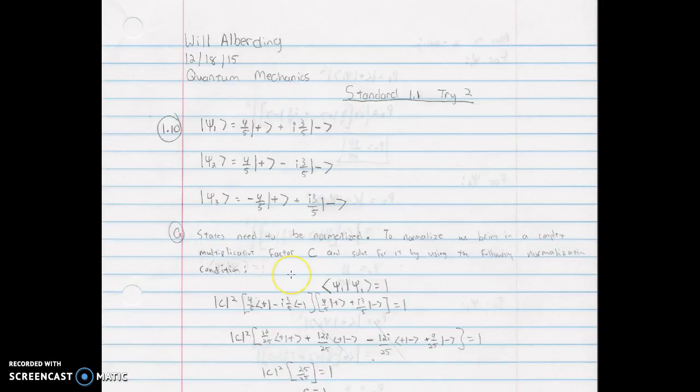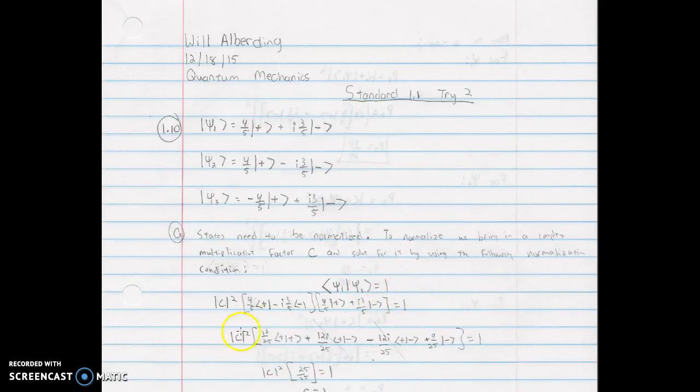So before we can calculate probabilities, we need to make sure that each state is normalized. To normalize, we simply bring in a complex multiplicative factor c, and we can solve for it by using the normalization condition, where basically you take the inner product of each state with itself and set that equal to 1.